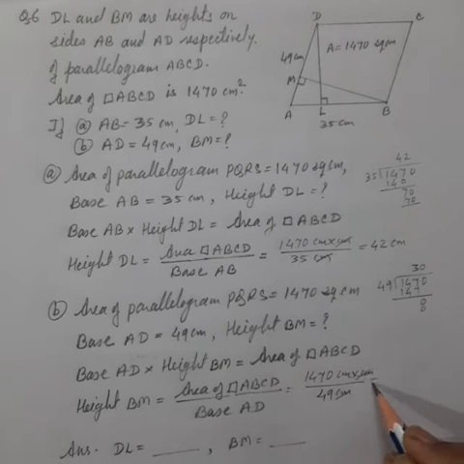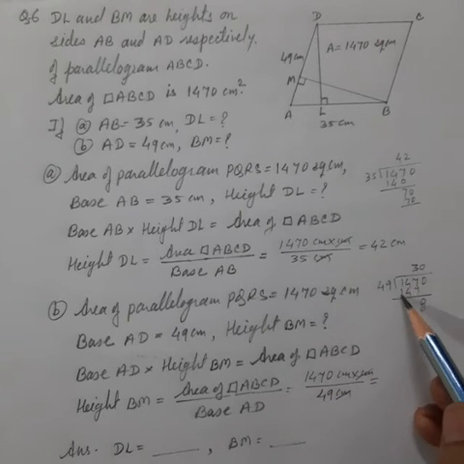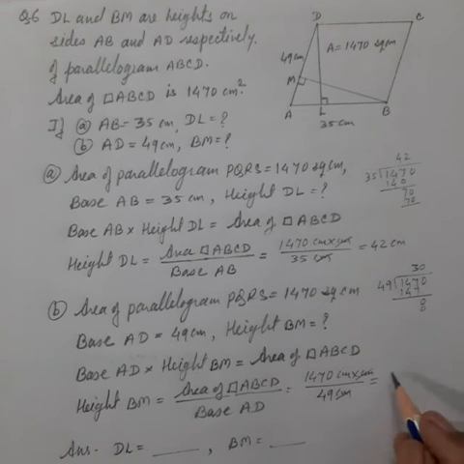Divide it. 1 centimeter will cancel and divide 1470 by 49. 49 3s are 147 and one more 0. So we get here 30 centimeter. Height DL is 42 centimeter and height BM is 30 centimeter.